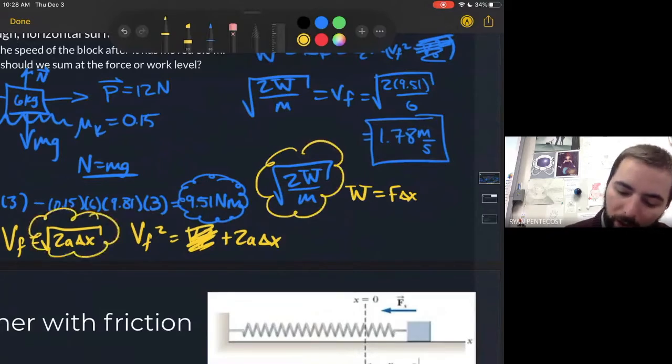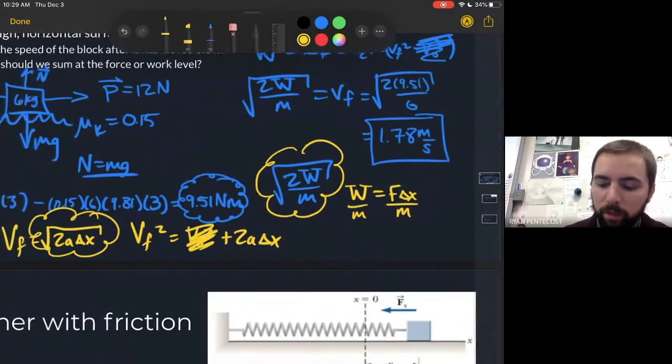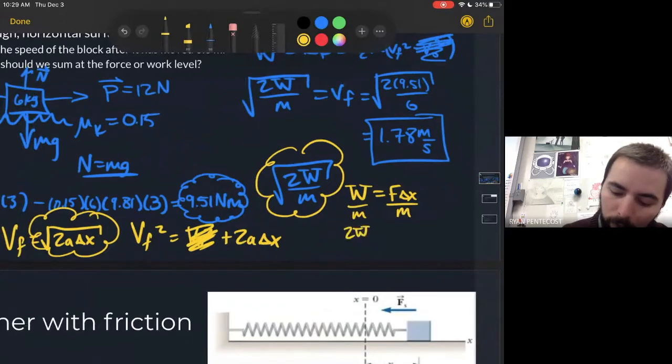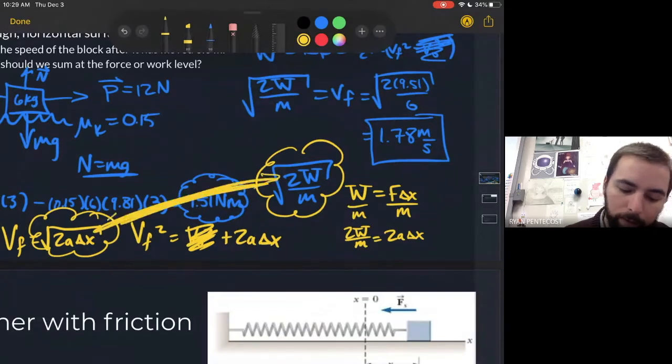So if we have F times delta x, but under the square root we divide work by mass, let's divide this by mass. Force divided by mass is acceleration because F equals ma. So if you take 2 times work divided by mass, you really get 2a delta x. So you can see that these two go hand in hand.